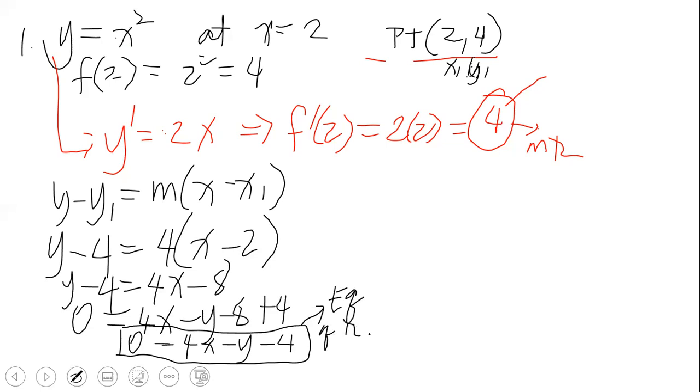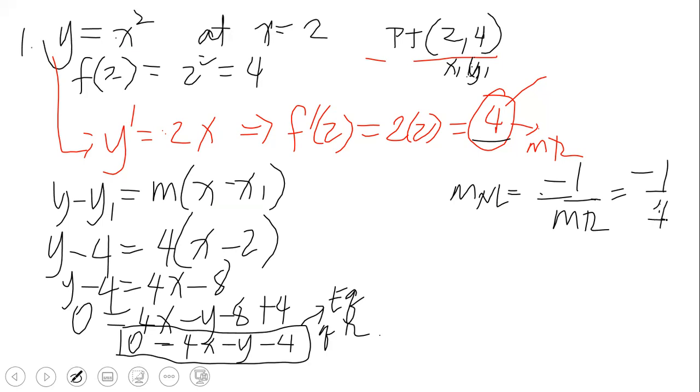How about the equation of the normal line? Before we get the equation of the normal line, we have to get the slope of the normal line. Since the slope of the normal line is equivalent to negative 1 over the slope of your tangent line, and the slope we got a while ago is 4, so negative 1 over 4.